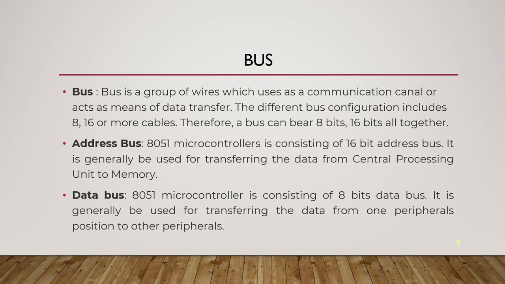Okay, next one is bus control. Here a bus is a group of wires, which serves as a communication channel or means of data transfer. For example, we have electricity in our home, right?